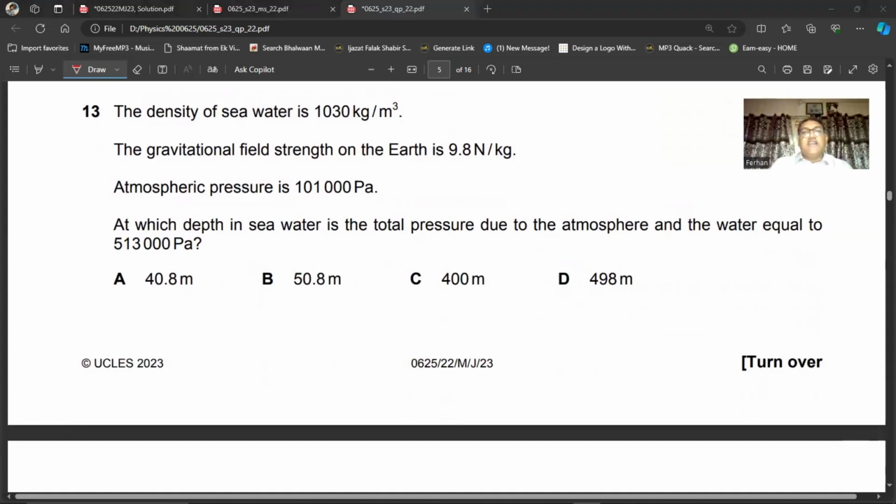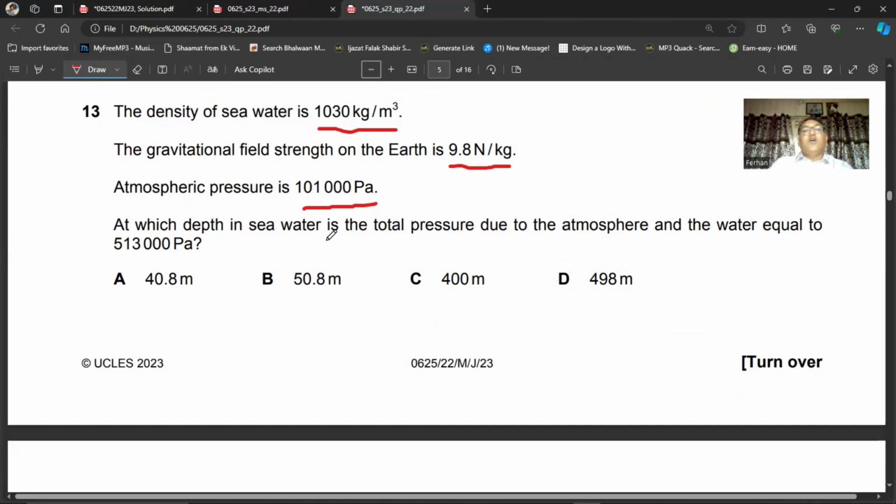In question number 13, it says the density of the seawater is 1030 kg per meter cube. The gravitational field strength on the earth is 9.8 Newton per kg. The atmospheric pressure is 101,000 Pascal.